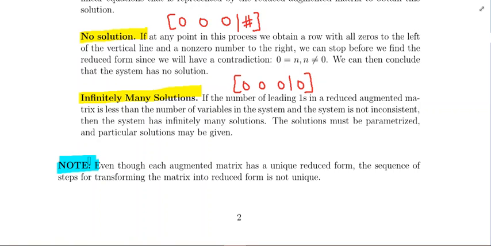So the point is there's more than one way to do the Gauss-Jordan process correctly, as long as you are applying the row operations correctly. There's just lots of ways to get from start to finish. So just because your neighbor might do something completely different, they could both still be correct. Just keep that in mind. All right, let's start practicing this process with larger systems.